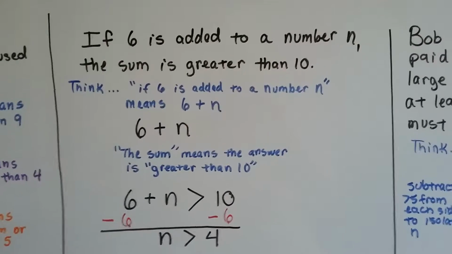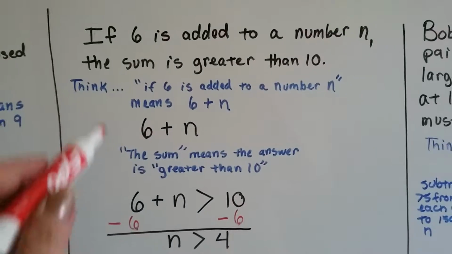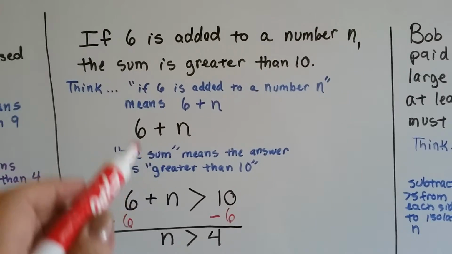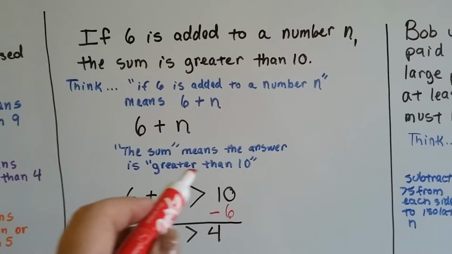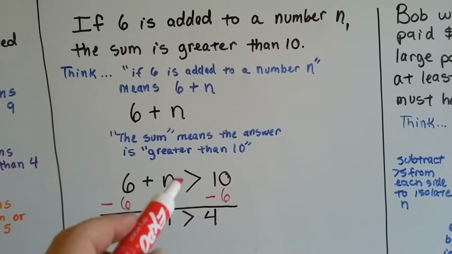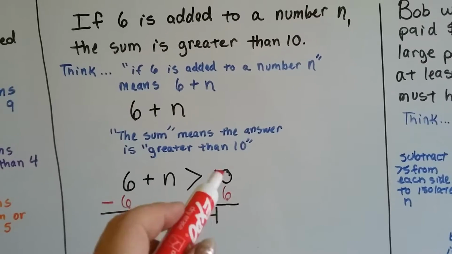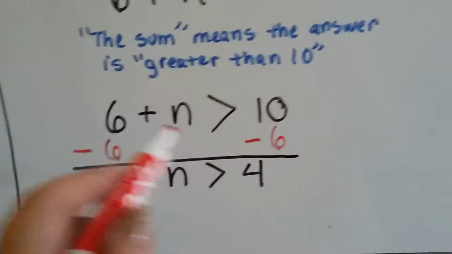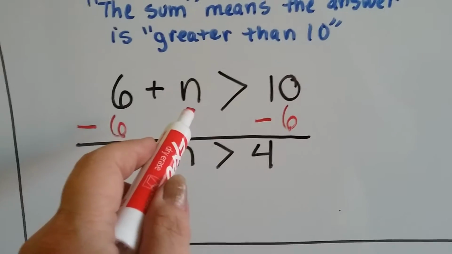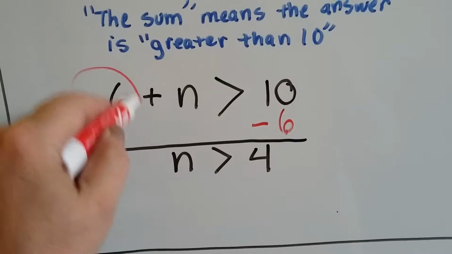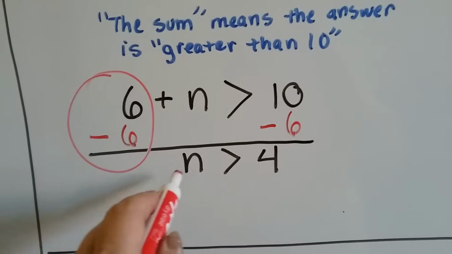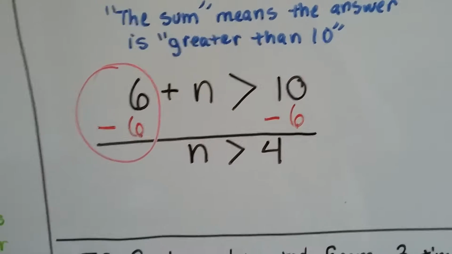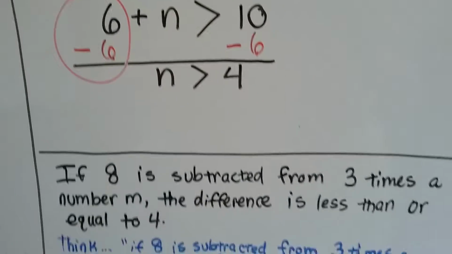And the sum, that's the answer in addition, is greater than 10, so we put a greater than sign and a 10. Now all we need to do is subtract 6 from each side to get the variable alone like we always do. This becomes a 0 pair, and now we've got n is greater than 4, and that's our solution.